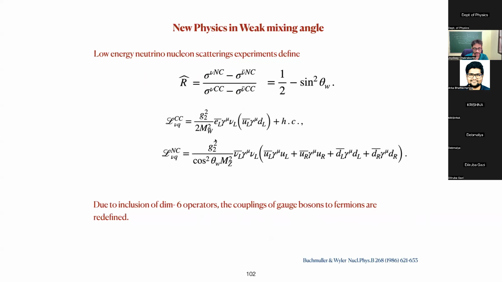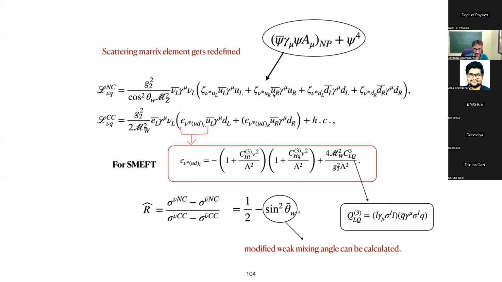Now, once you do that, this sigma and all these are getting modified through these correction terms, and that will deviate from this relation. And if you successfully calculate all those terms in the standard model effective field theory, then you'll find that this is actually a similar functional form, but this theta w is not exactly the same as the older theta w, it's a modified one.